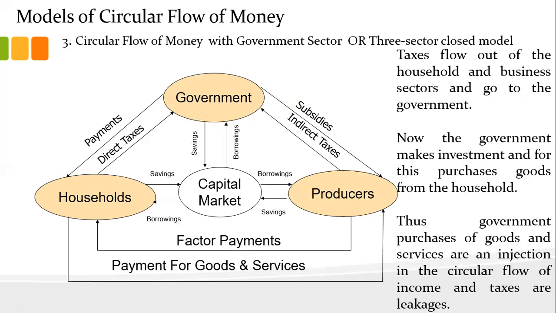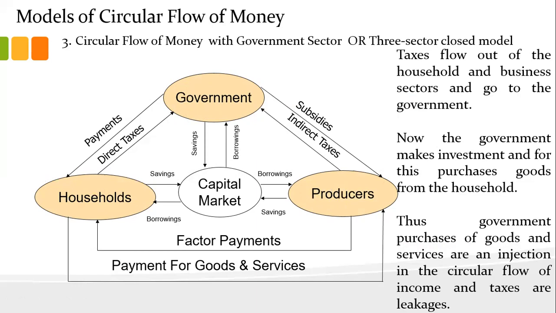First of all you see here government puts taxes on individuals' income as well as on producers, which we say indirect taxes and direct taxes, which are collected on individuals' income.